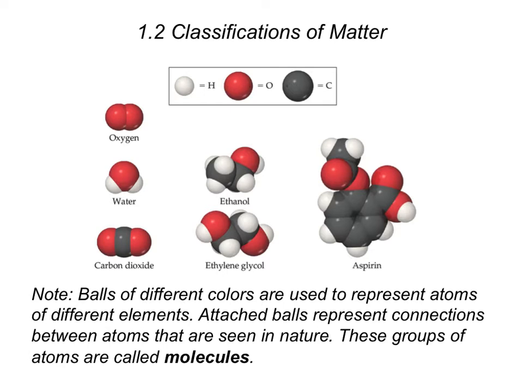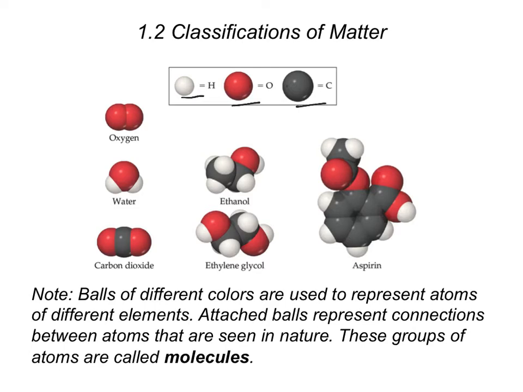So how do we look at various elements and compounds in this book? A lot of times we use these nice big ball-type shapes, these little spherical shapes. With respect to this book, each element has its own color associated with it. For example, hydrogen in our book takes on a little white color, oxygen is red, and carbon is gray.